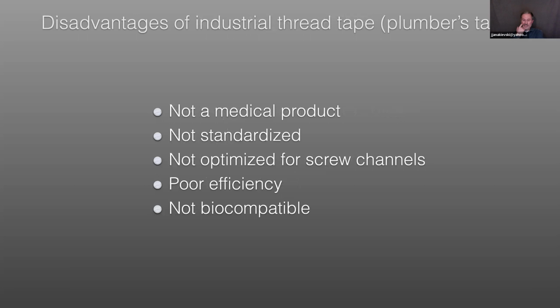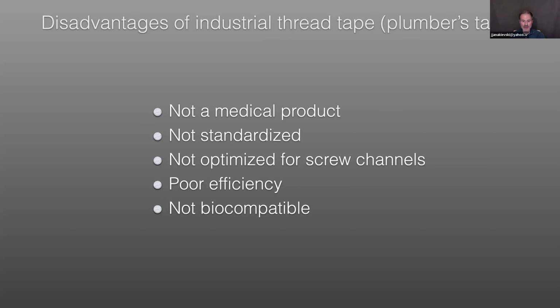So what are the disadvantages of using industrial thread tape or plumber's tape? Number one, it's not a medical product. It's an industrial product, and it's not standardized in its manufacturing. If you ever researched how and where plumber's tape is manufactured, it's made in many different places around the world.